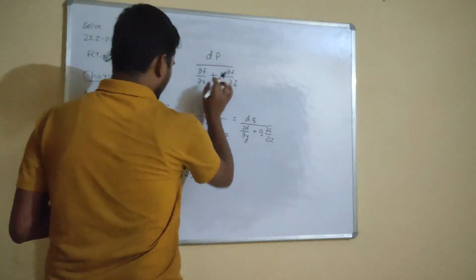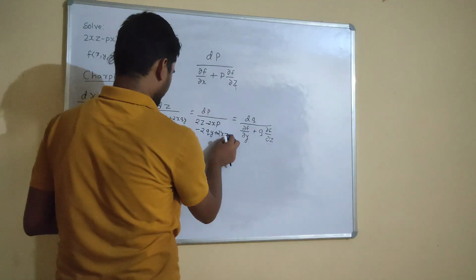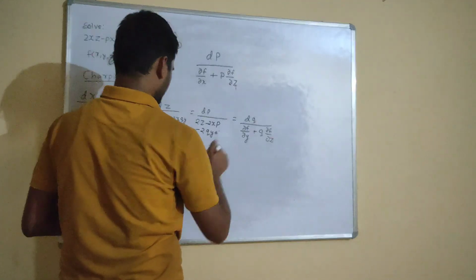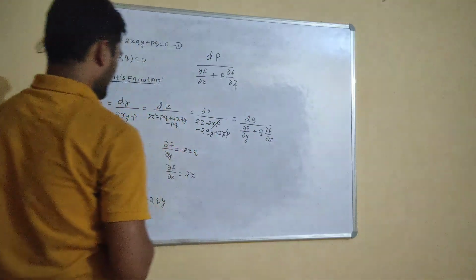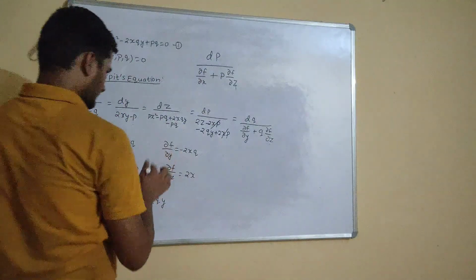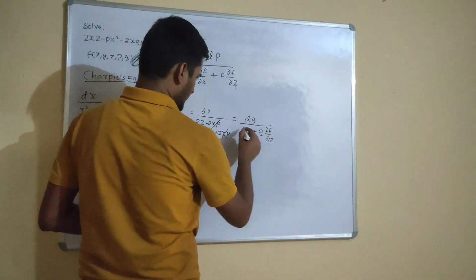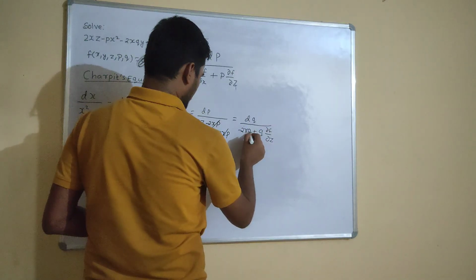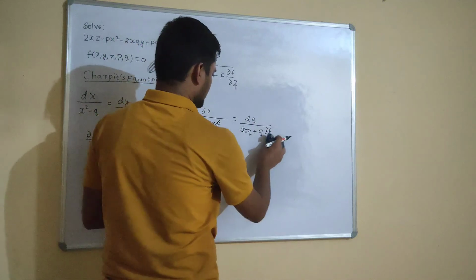So del f by del z multiplied by p, so 2xp will be there. So this will get cancelled. And finally del f by del y, which is minus 2x cube, and del f by del z is 2x into q, so 2x cube.